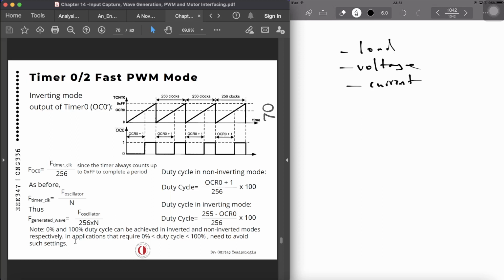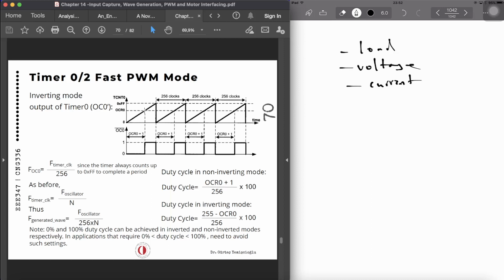So fast PWM, as you can see, we can demonstrate it with an example with the formulas that we can use. So again, OCR0 can be set to any value. Now, one thing that we need to take care of, the highs and lows over here, the low part is the inverted version.